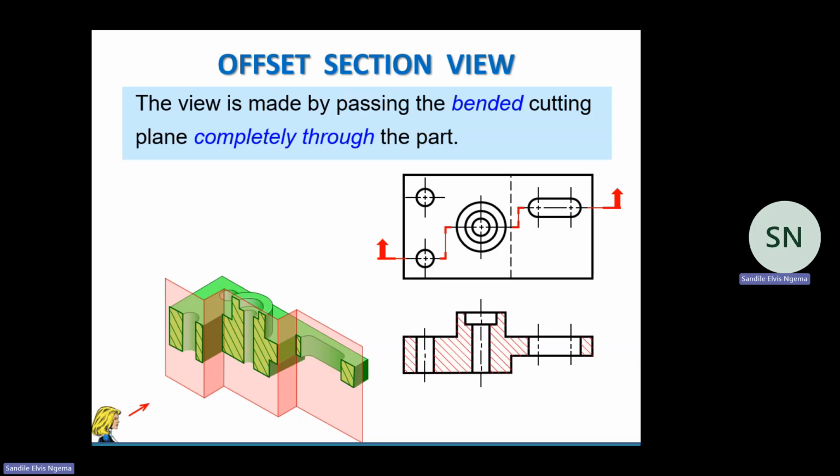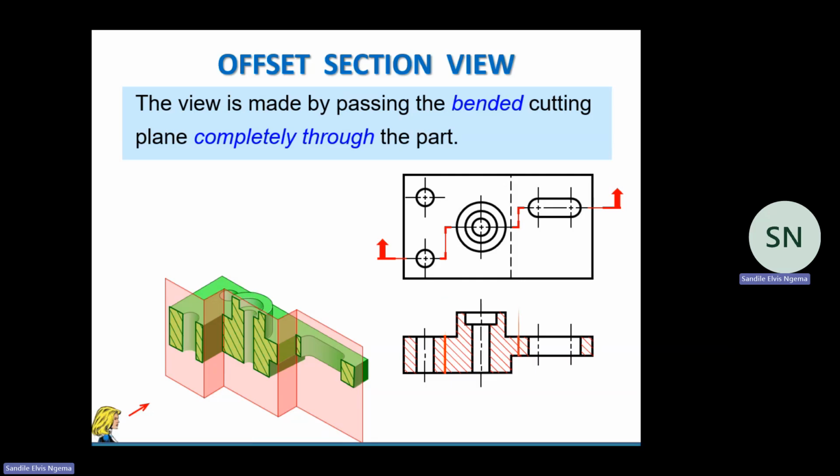You can see that. All right, so one will wonder, but now when we were cutting through the offset cutting plane, it has corners like this one and that one. That means we should have a line straight here. In engineering drawing, that one is not allowed.